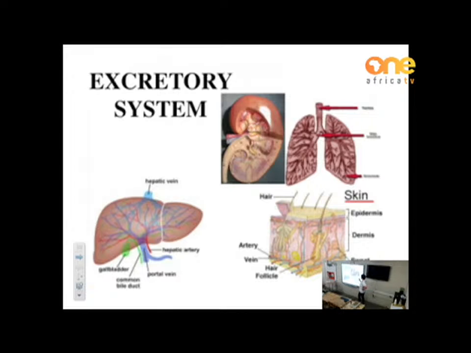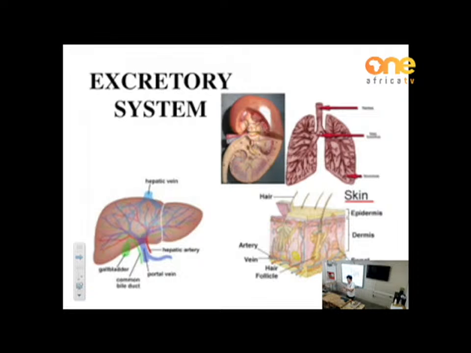What else is excreted by our lungs? Water vapor. Excellent. Then we can move to our kidneys. Our kidneys will remove what? Urea. That urea was produced in the liver, during which process?